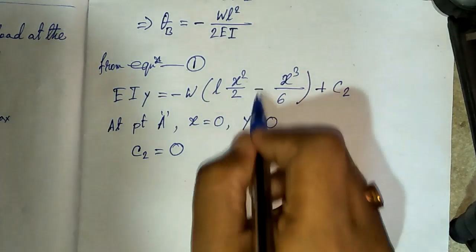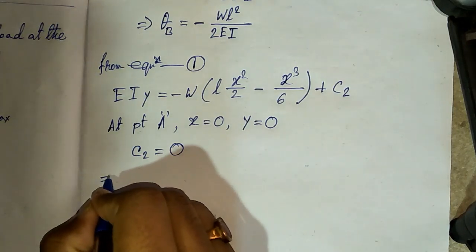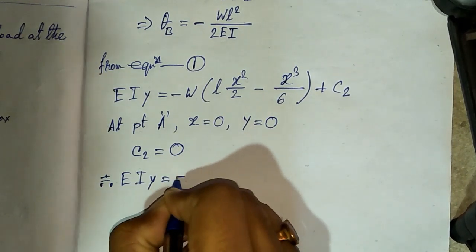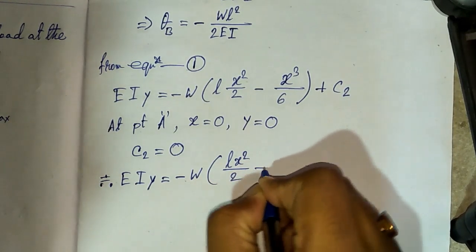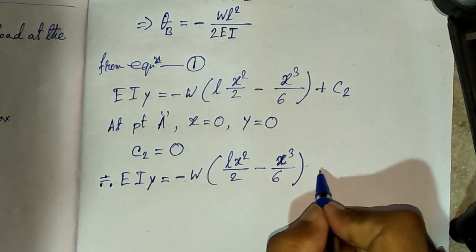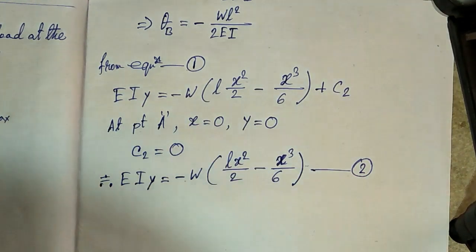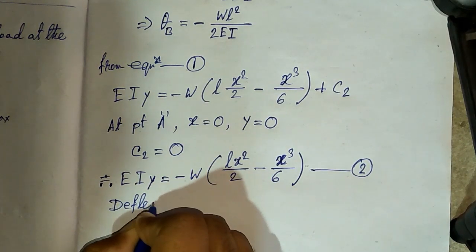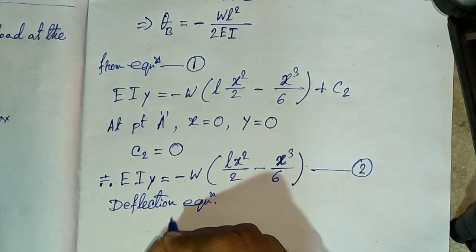So we can write EI into y is equal to minus W into L x square by 2 minus x cube by 6. This is equation number 2. This equation is known as the deflection equation.